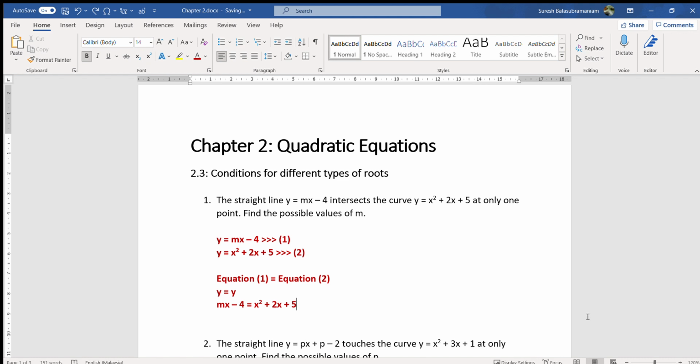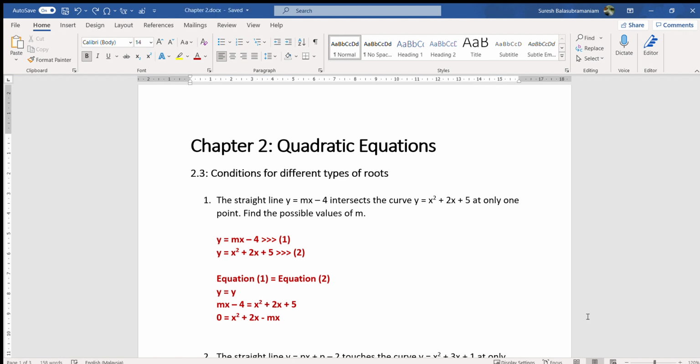Okay, so we equate these two and then rearrange and simplify the equation. We cannot solve yet, we need to simplify. So I'll bring all the terms to my right. I get x squared plus 2x minus mx plus 5 plus 4.